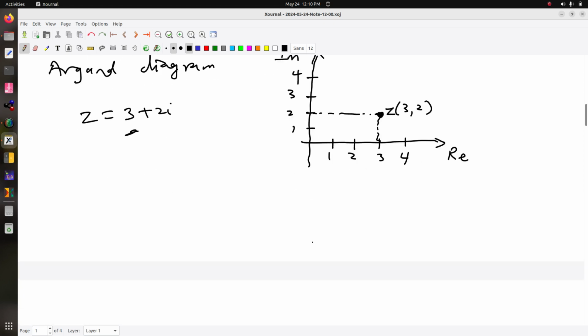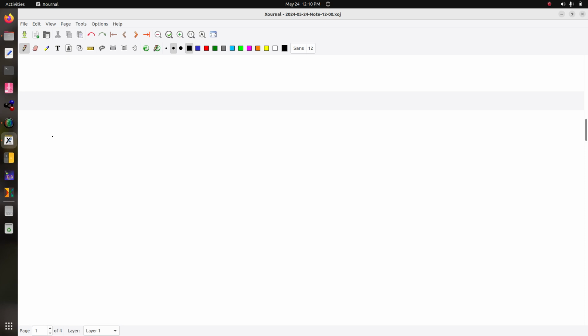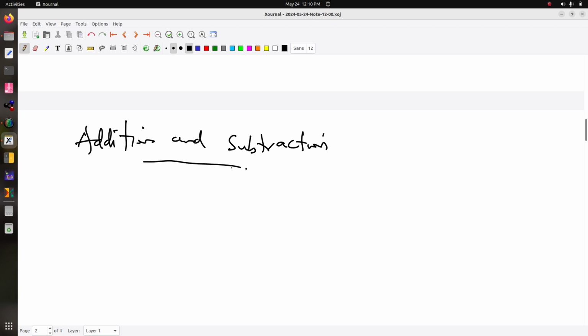Then, how do we add complex numbers? Let me say addition and subtraction of complex numbers. If you have a complex number z1 in general plus or minus z2, whether it is z1 plus z2 or z1 minus z2, before that, let me explain what I mean by z1.